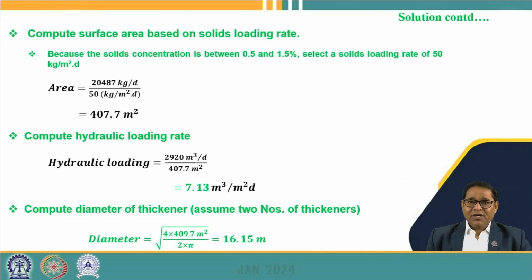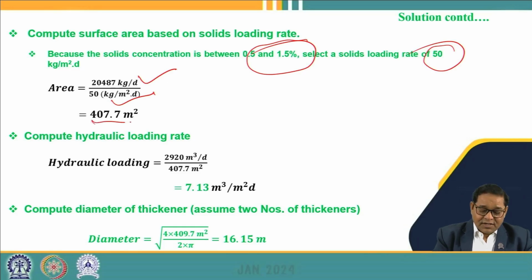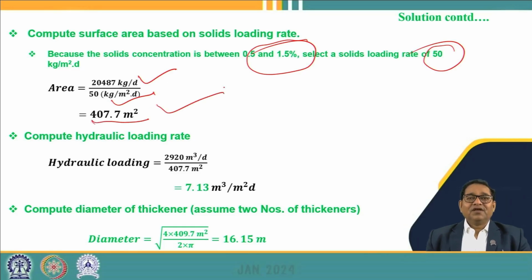For this percentage of solids, let's take the solid loading rate equal to 50 kg per meter square per day. The total mass of solids is divided by the solid loading rate, and we get this much surface area required. So again, this is the surface area requirement.